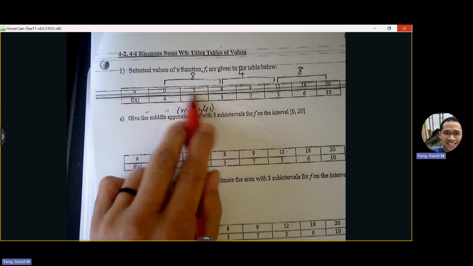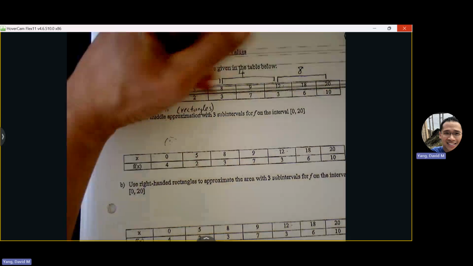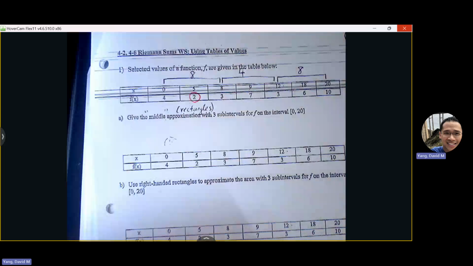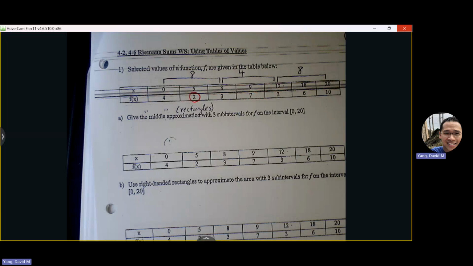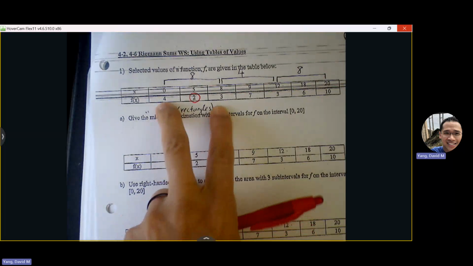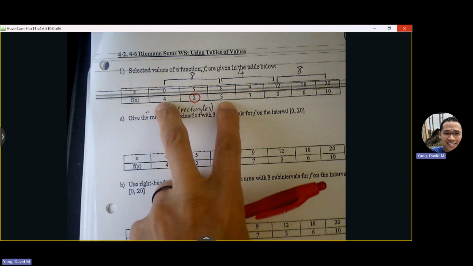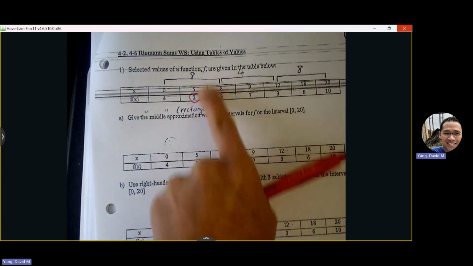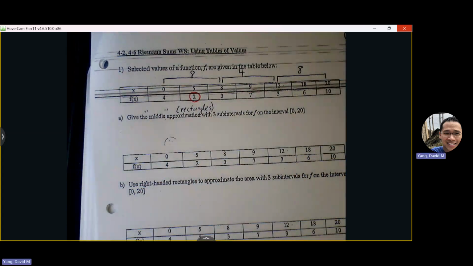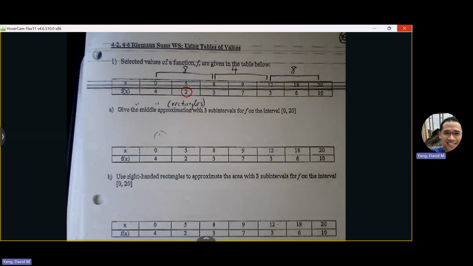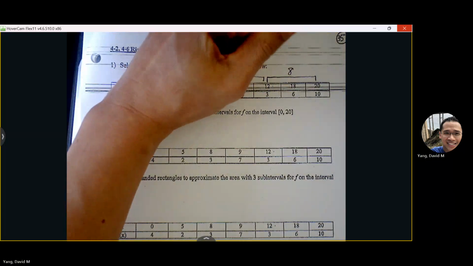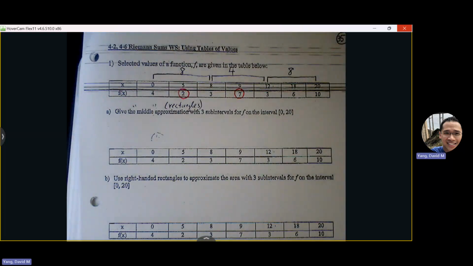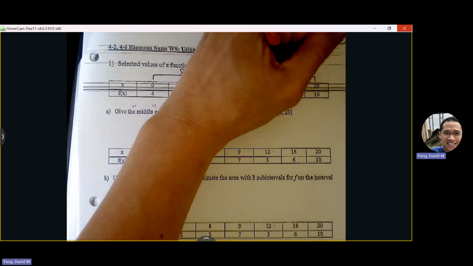It could be 7, it could be 1, it could be 2, but we want to pull the y value that is quote unquote in the middle. Middle just means it's between my left and right endpoint. Right. So my first rectangle will have a width of 8 and a height of 2. My second rectangle will have a width of 4 and a height of 7. And my third rectangle will have a width of 8 and a height of 6.